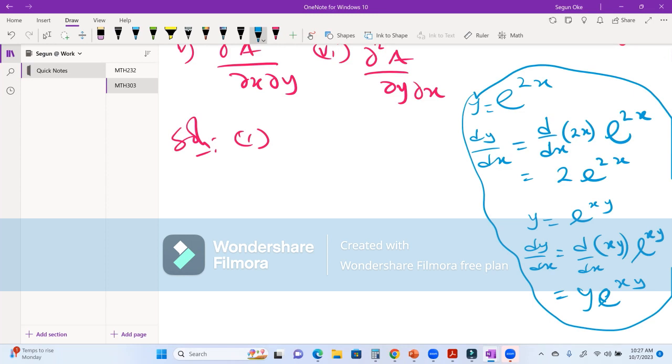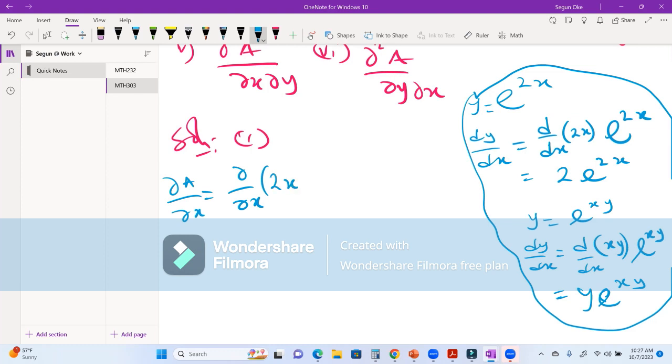The first one says dA dx, which is the same thing as d dx, because your A is with respect to x at this point. So everything you are differentiating here is x. Anywhere you see y, if it's ordinary y, the rest will be 0. You will not touch y. So let's look at it.